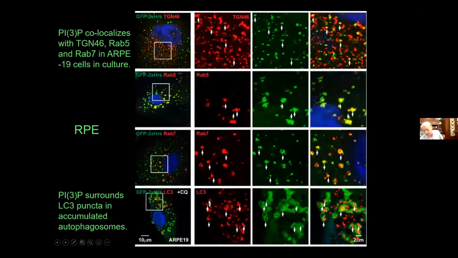Now, in the literature, you'll find this sort of pattern described as co-localization, and a lot of the models that you'll see in various review articles describing how LC3 is recruited by PI3P through the action of WIPI2 to these membranes is based on describing this sort of pattern as co-localization.